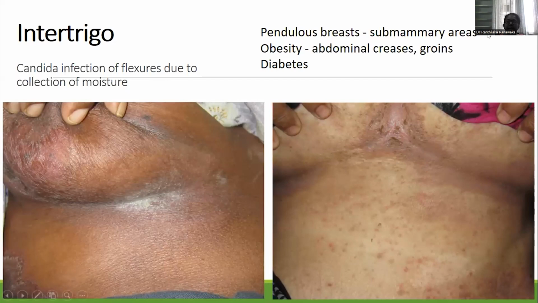So they get this candida or intertrigo on submammary areas. When they are obese, on abdominal creases and groins. Even without these anatomical predisposing factors, they can get due to poorly controlled diabetes, right? So you have to look for those causes and we have to advise them on whatever the preventive measures.